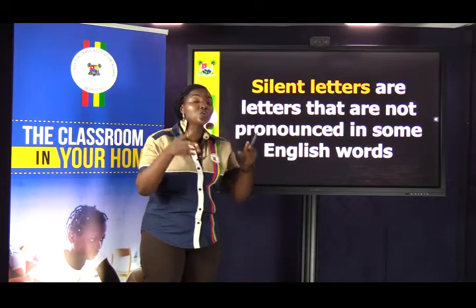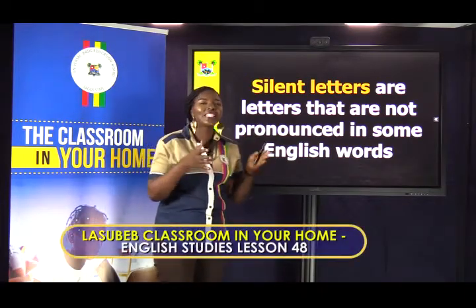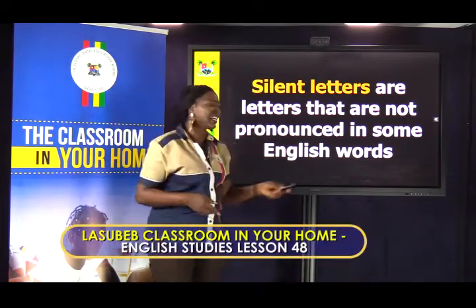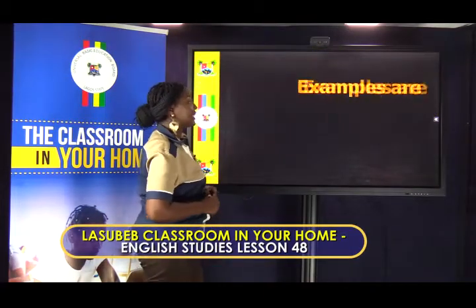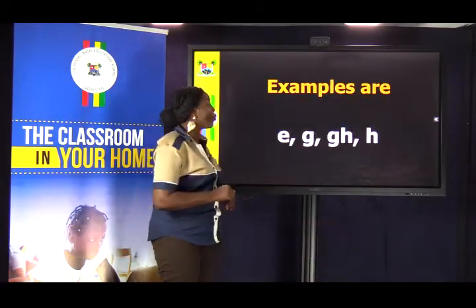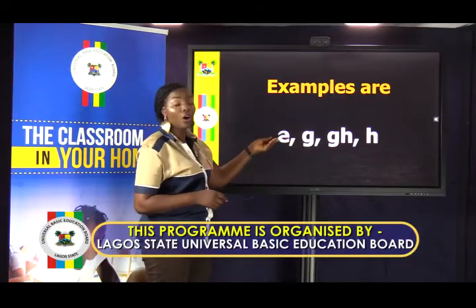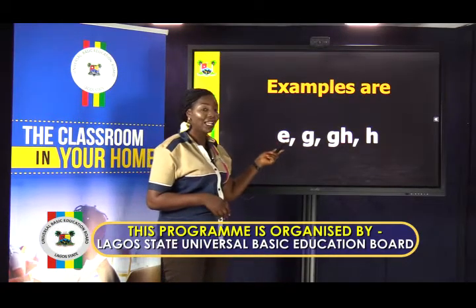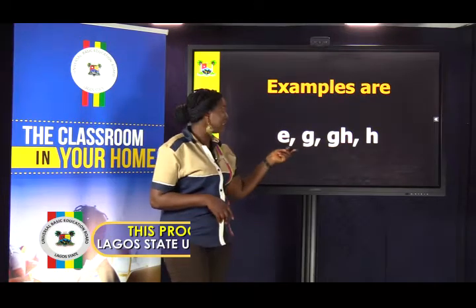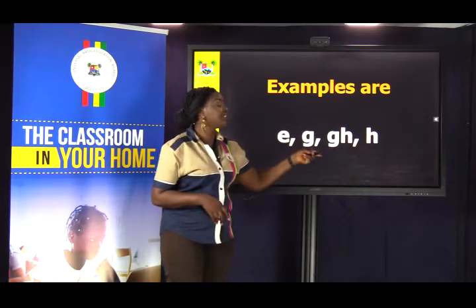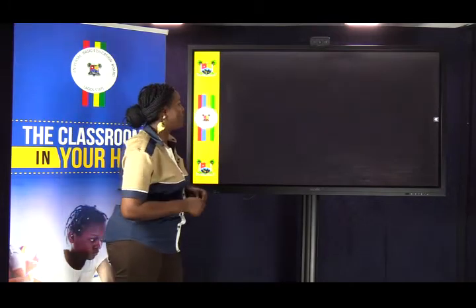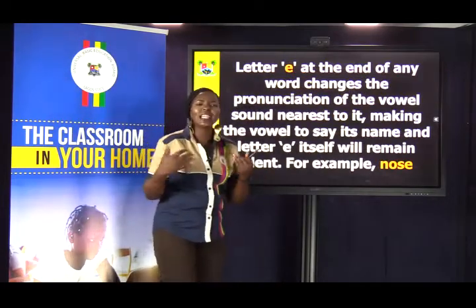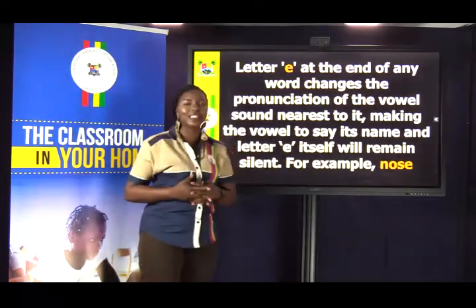Well, the letter you have dropped is what is called a silent letter. And now we want to look at a few examples of the silent letter. For today, like I said earlier, we'll be looking at letter E, letter G, GH, and H. Okay, but in some cases we have some exceptions.